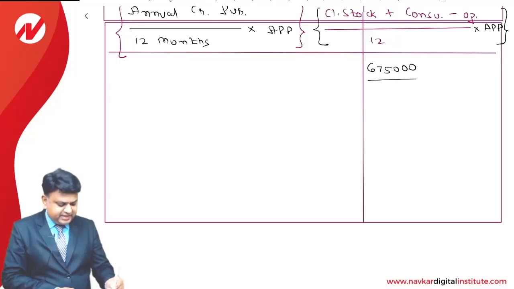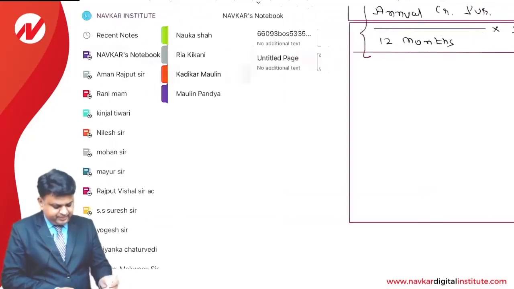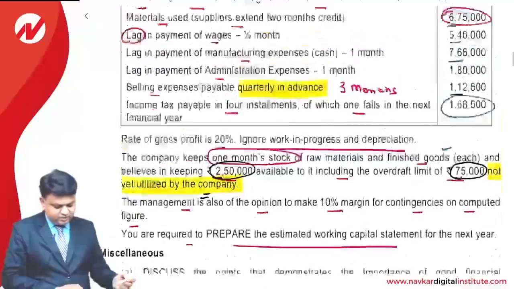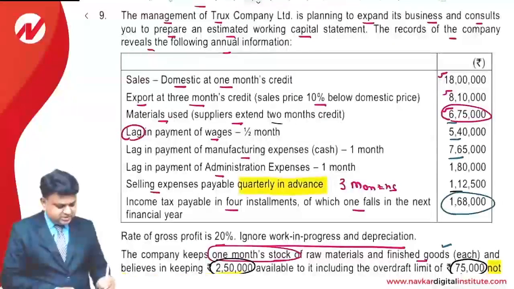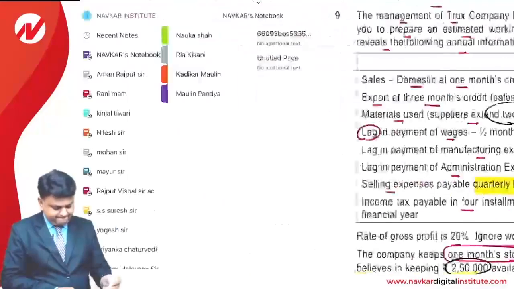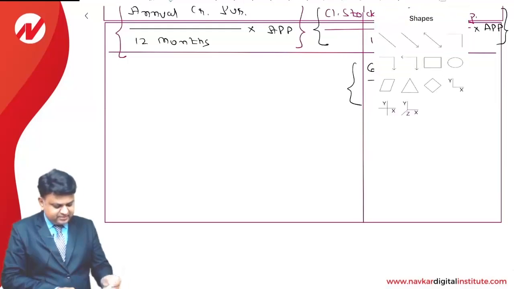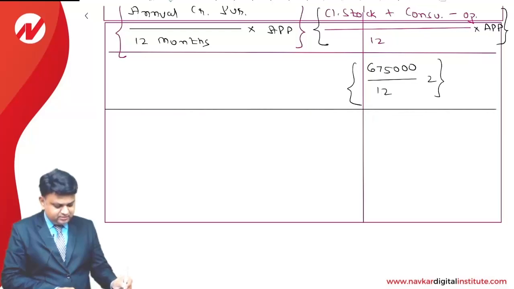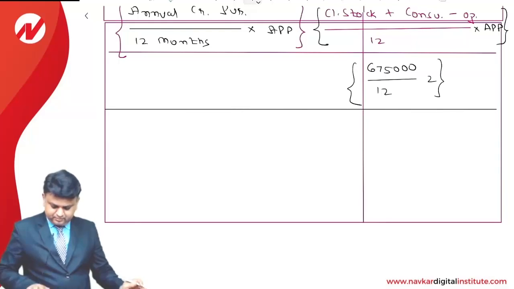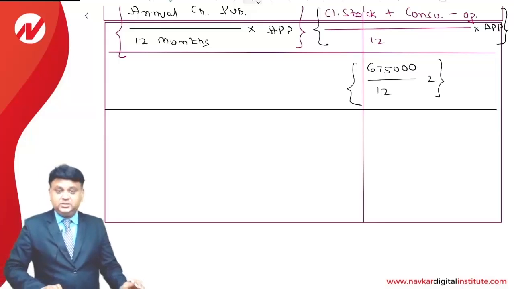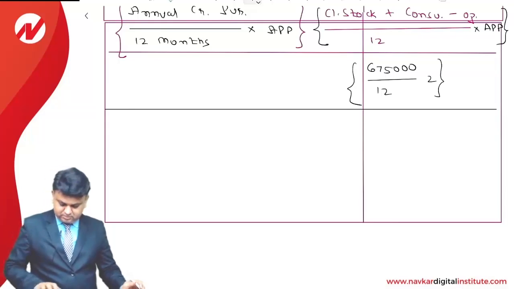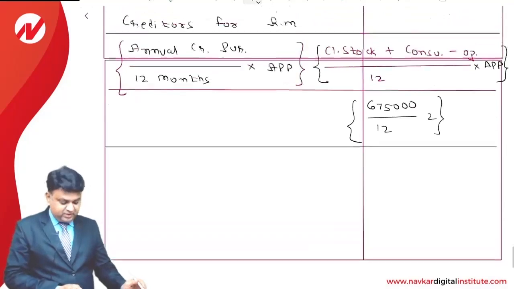It is implied like that only. Average payment period is provided to us in the table. It is say 2 months. That is the way the creditors can be calculated for raw material. It is 1,12,500.